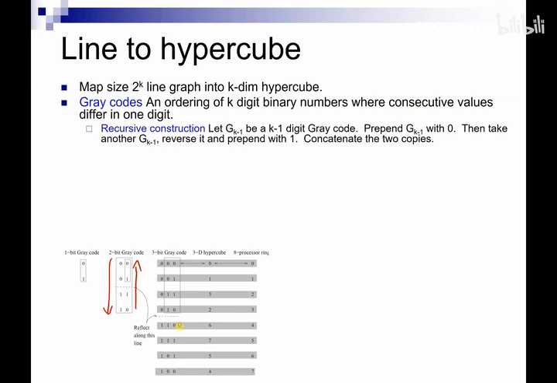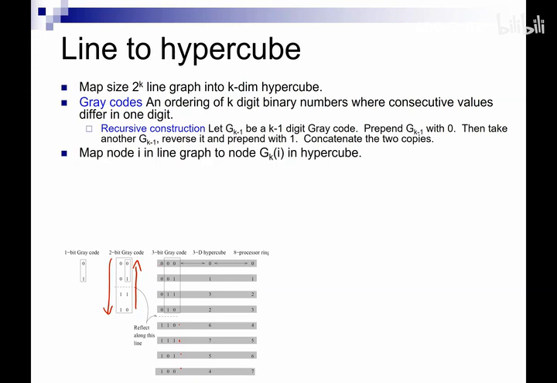You put these values in reverse order down here and prepend all of them with 1. Finally, your 3-digit gray code is simply the concatenation of these 4 values and these 4 values. It's a simple exercise to figure out why this is a correct 3-digit gray code, so you can think about that.